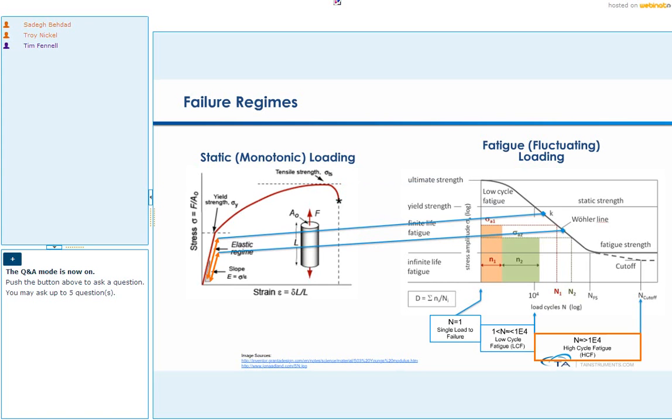When we go lower than yield strength, it takes longer and longer for your sample to break, so you can have more cycles. As you reduce the amplitude of that oscillating load, the number of cycles that your sample can withstand becomes longer and longer. That's what gives us this line here, which we call a Wohler line.